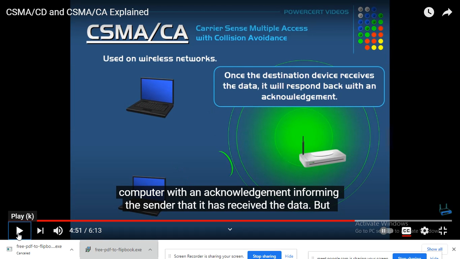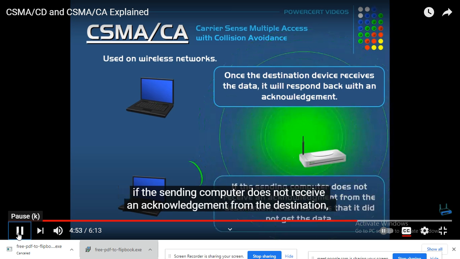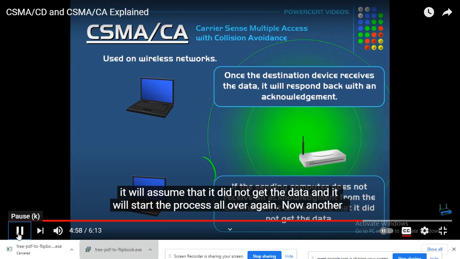Here the signal flags are RTS and CTS: request to send, clear to send. Using these flags, they will initiate the virtual path for receiving the data. But if the sending computer does not receive an acknowledgement from the destination, it will assume that it did not get the data, and it will start the process all over again.